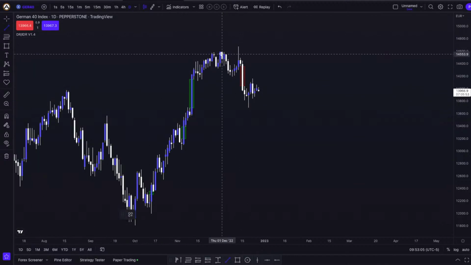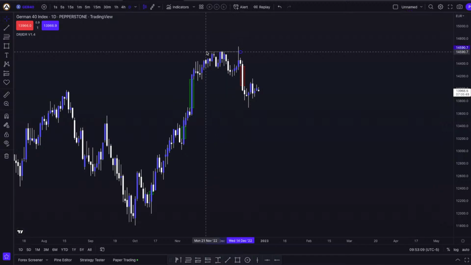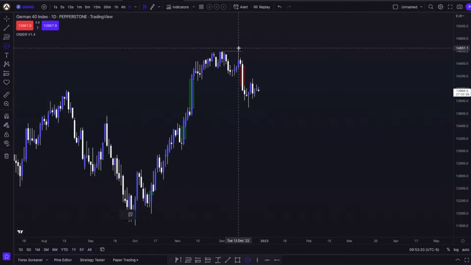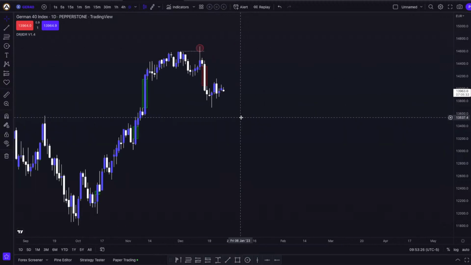We had buy side liquidity taken out before we had this move further down to the downside. Buy side liquidity taken out with this wick to the upside. Because we have to understand the context basically before we start analyzing the 5-minute time frame.